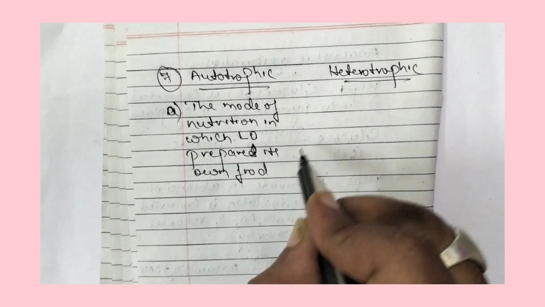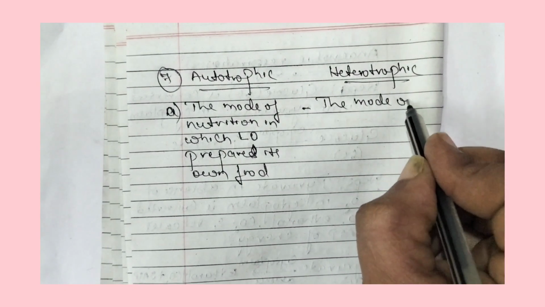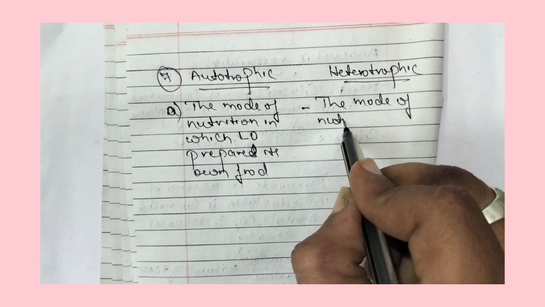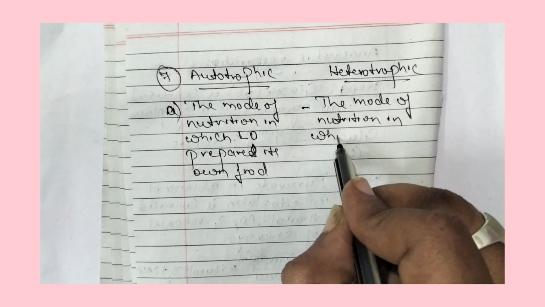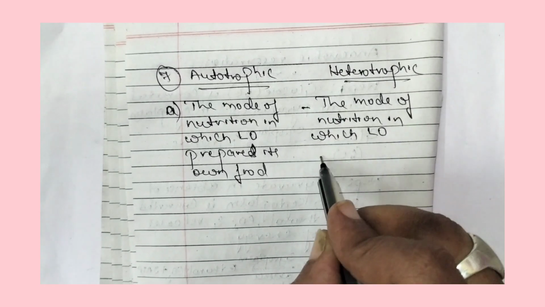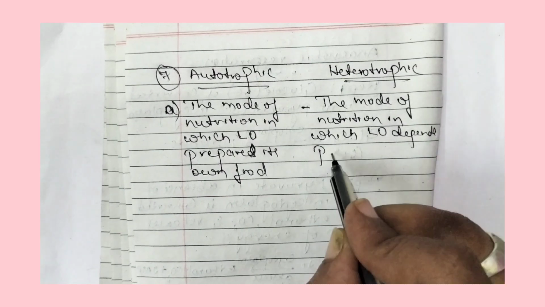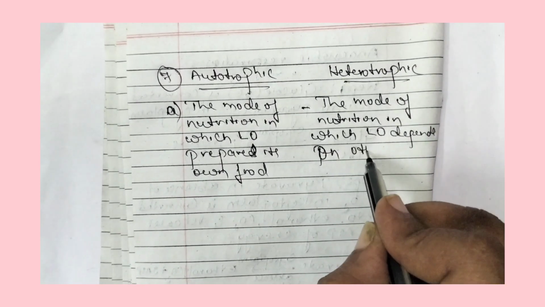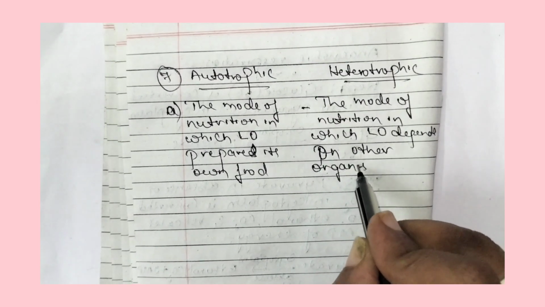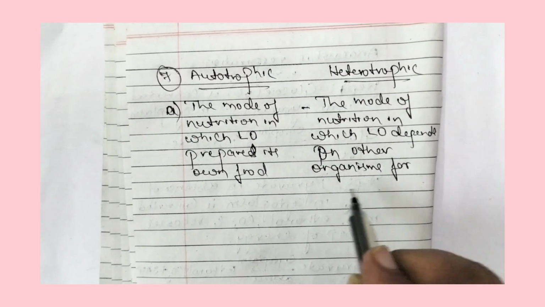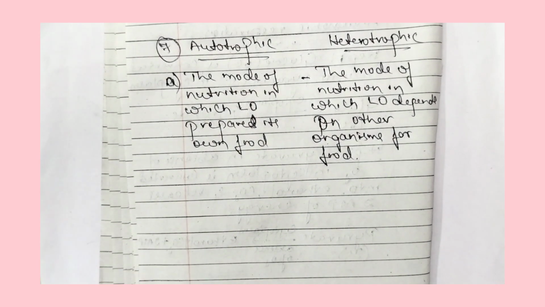Heterotrophic nutrition is the mode of nutrition in which a living organism depends on other organisms for food. So this is heterotrophic nutrition.